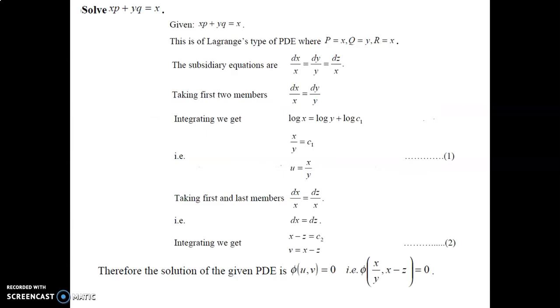Here we are going to see it in detail in a problem. Solve xp plus yq equal to x.